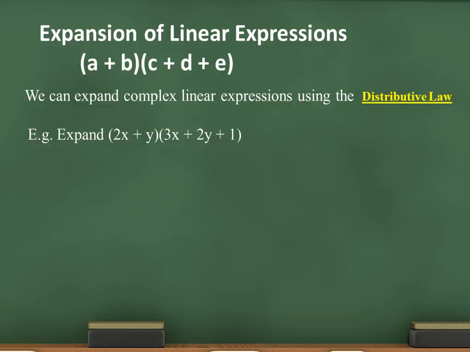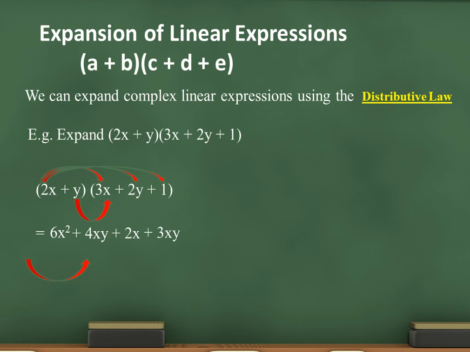Distributing 2x to the second bracket, I will get 6x squared plus 4xy plus 2x, and when I distribute y, I get 3xy plus 2y squared plus y.